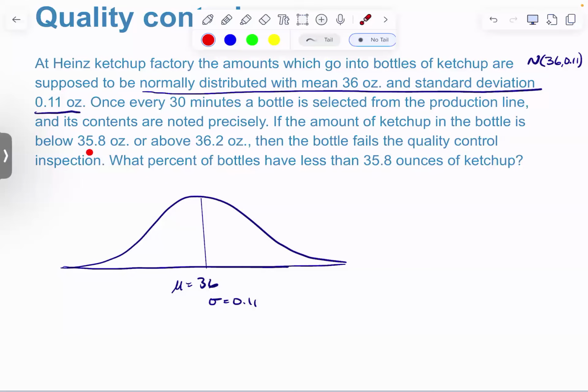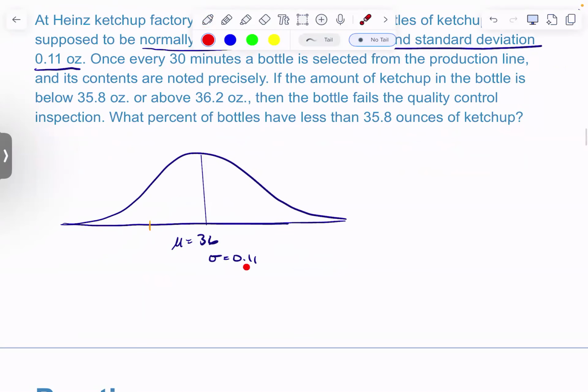Underfilled is anything less than 35.8 ounces, which we know is below the mean. Now, when you're drawing these, it's just to visualize where things are. So the only really important part is that you're on the correct side of the mean, right? And so instead of spending time thinking about a standard deviation of 0.11, all I'm really looking for is that 35.8 is somewhere below the mean.